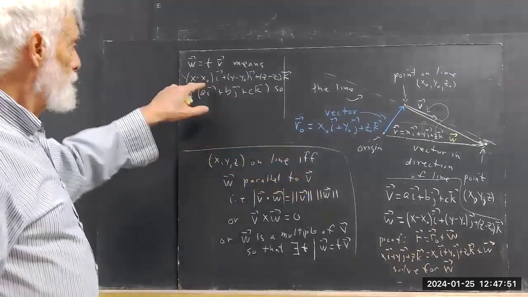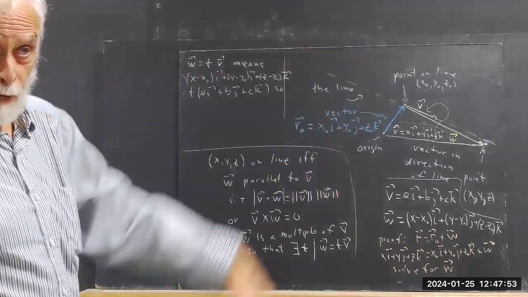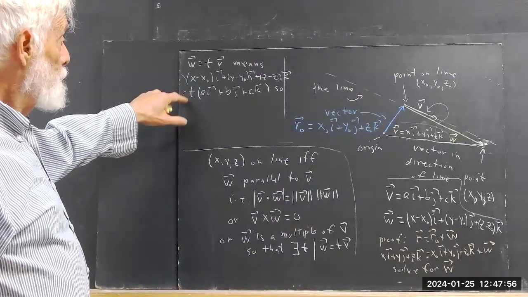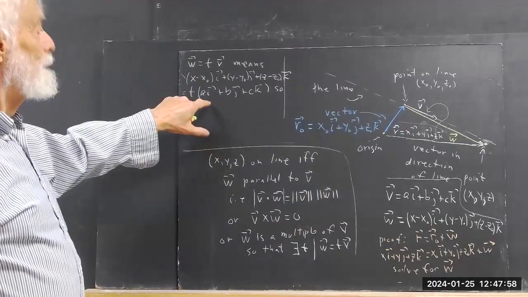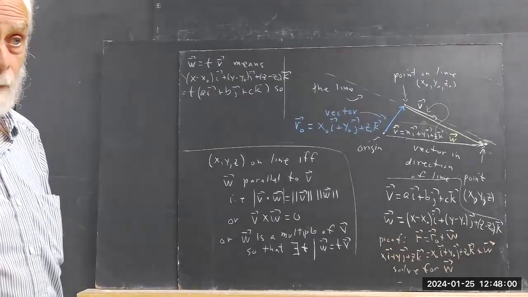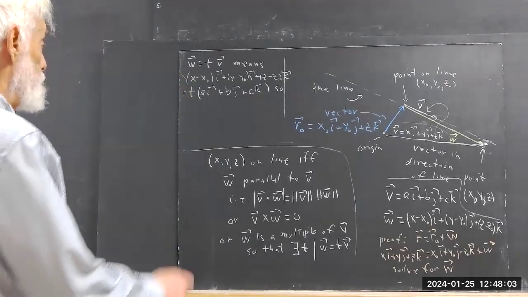This W vector, X minus X naught I plus Y minus Y naught J and so forth, has to equal T times your V vector, which is AI plus BJ plus CK. Well, the I components have to be equal.